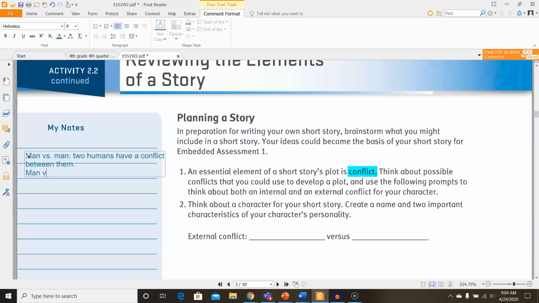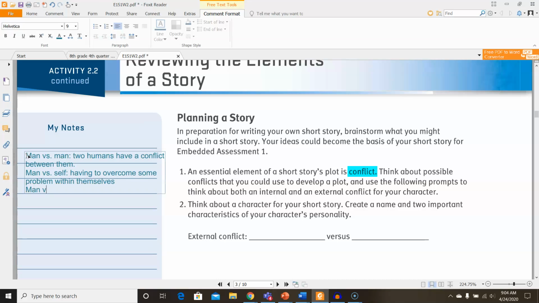Man versus self, that's when somebody is fighting something inside them. Maybe they don't have enough confidence to do the thing that they really want to do, so they have to overcome their own self-doubt. So having to overcome some problem within themselves.